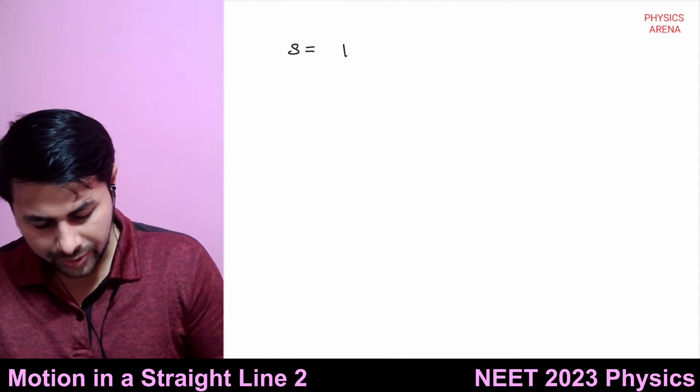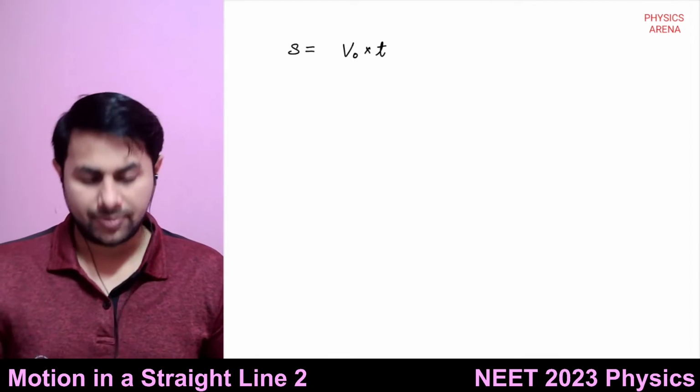So it's V0 multiplied by time, length multiplied by breadth.